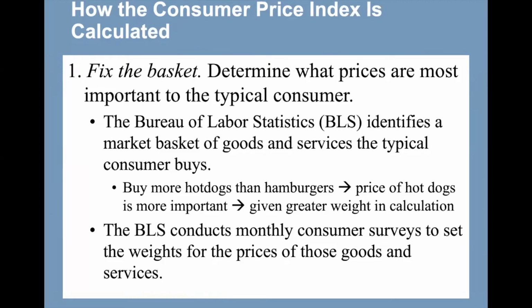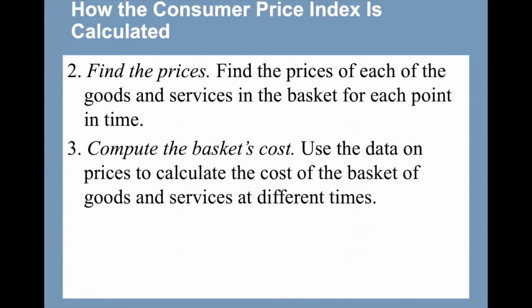So the BLS conducts a monthly consumer survey to set the weight for the price of those goods and services. So in Thailand, okay, they are doing the same. They want to see which goods are more important for Thai consumers, okay? And they give the weight to that. Then the second step, after they get the basket, they search for the price.